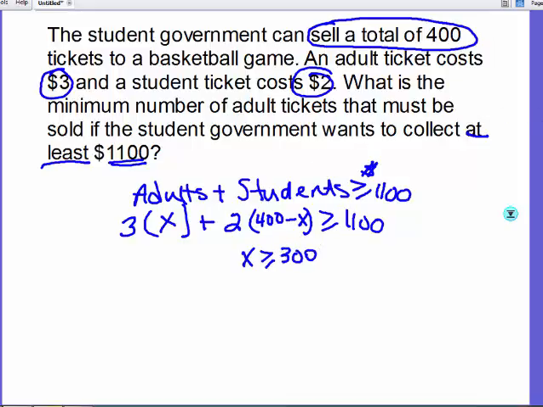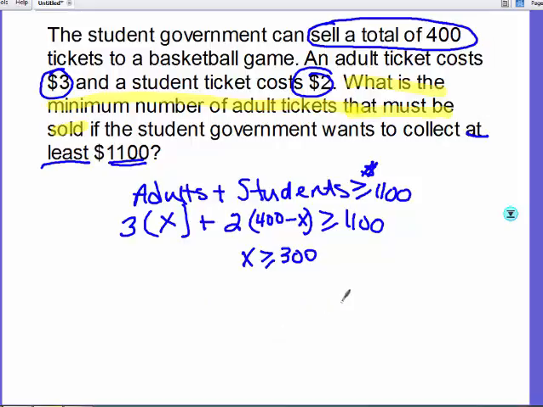So now let's go back and make sure we answer the question. What is the minimum number of adult tickets that must be sold? If we look back, X represented how many adult tickets were sold.